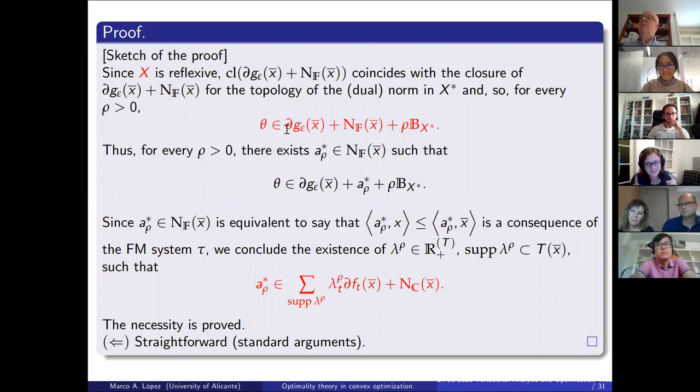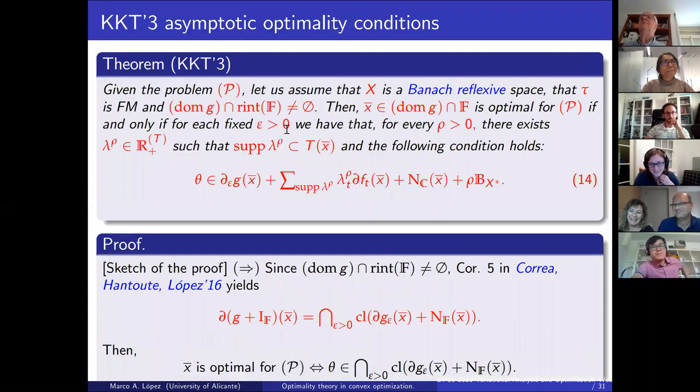Just while the slide is on the screen, to save time, and to extend what Juan Enrique just said, I'm wondering if there is any advantage of having epsilon and rho separately in this theorem. I have a feeling that it's sufficient to take rho equal to epsilon and solve immediately the issue which Juan Enrique has just mentioned. That's it.